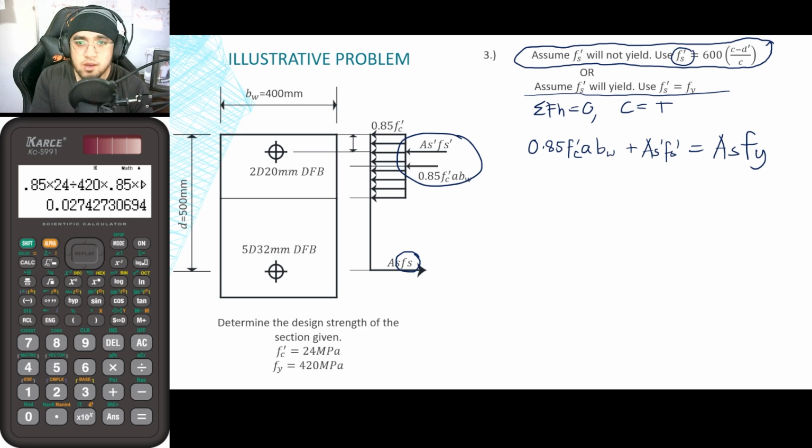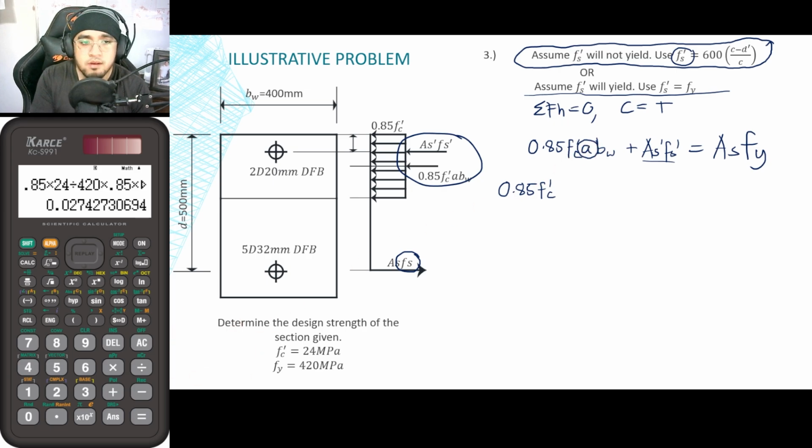So from that, I will be substituting that value to our equation. So 0.85 times f'c times a times b, but take note that a once again is also equal to beta 1 times c. Since I will be solving for the value of c, I will be writing a in terms of c.